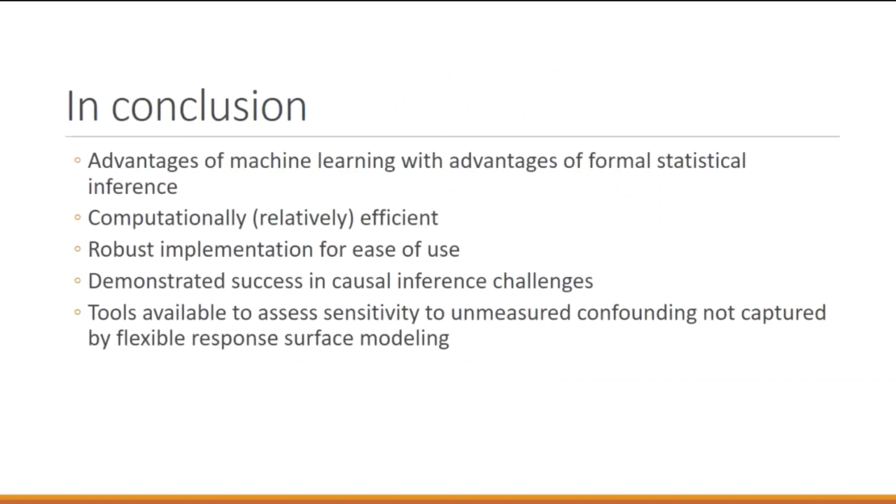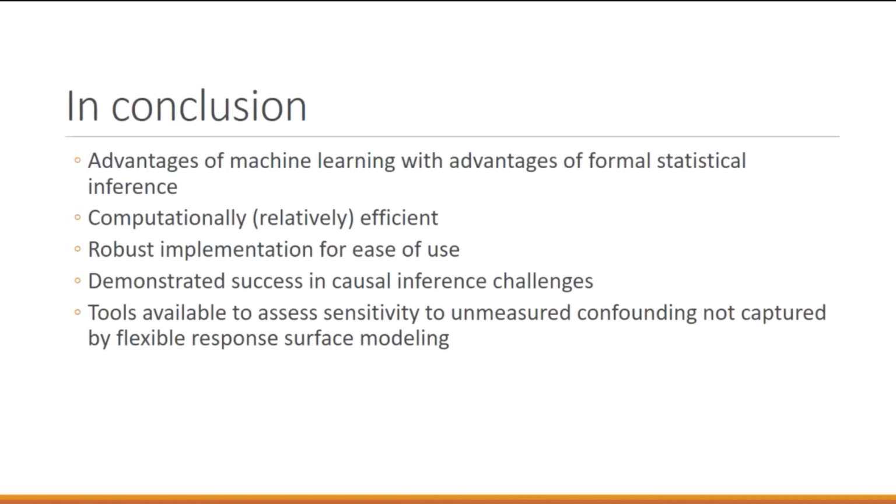You're not going to get a good feel for the confidence you have in your estimated effect without having some form of uncertainty attached to it. Computationally, it's relatively efficient. It is still a non-parametric model fit by MCMC, but does not require nearly as much time for cross-validation and such as other comparable approaches might take.